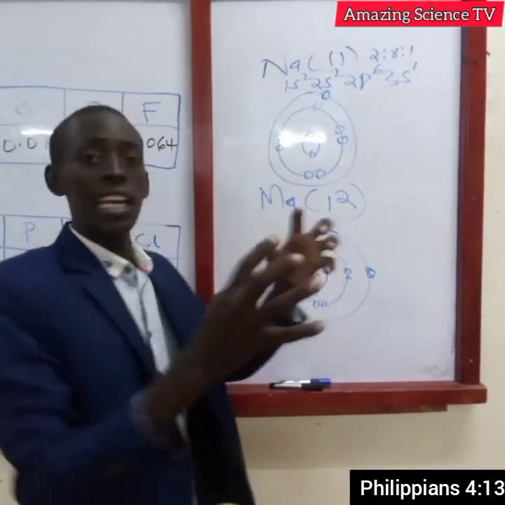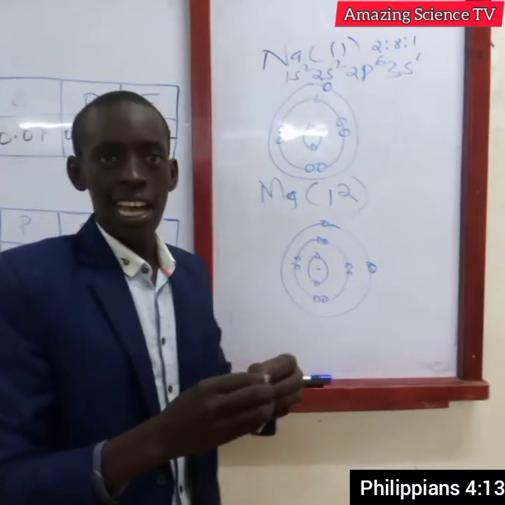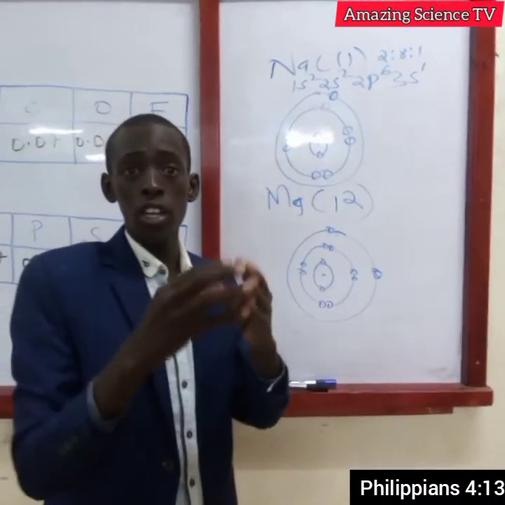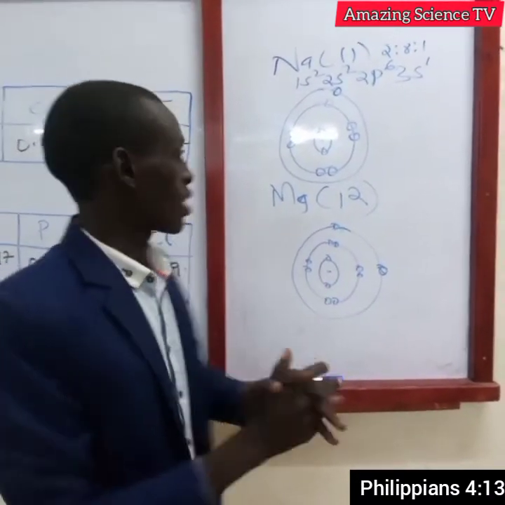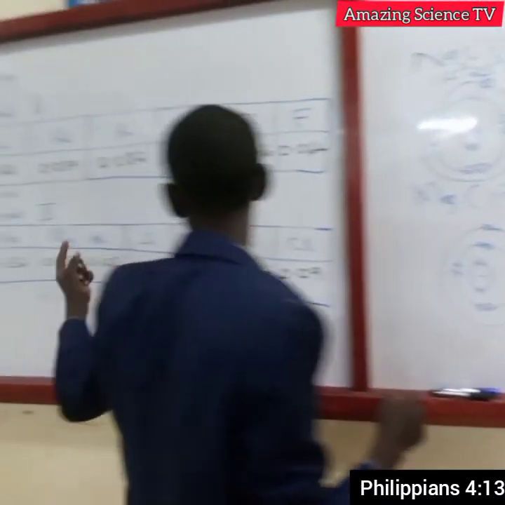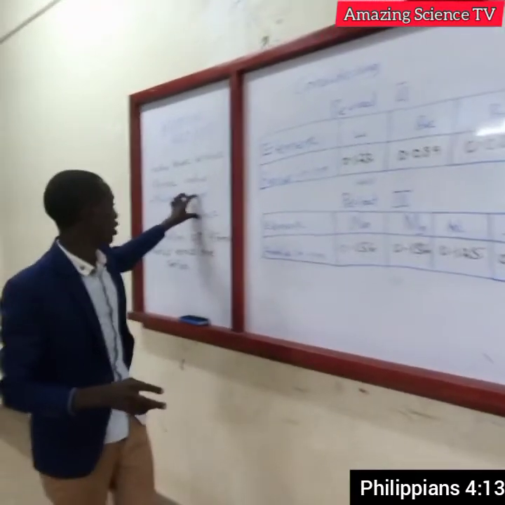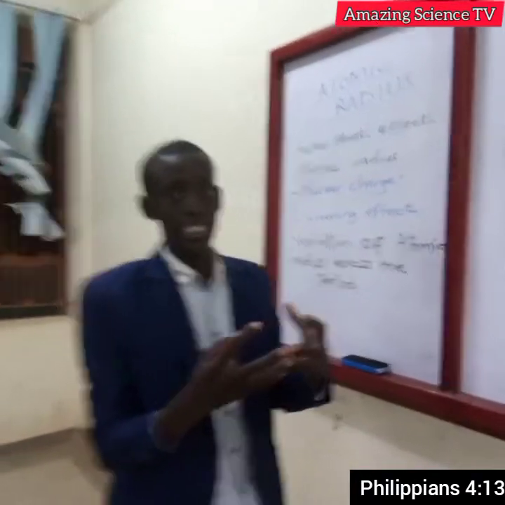And so the electrons will be pulled closer to the nucleus. And in so doing, the size of the atom goes on decreasing and the atomic radius decreases. So that is the simple effect of the two factors, nuclear charge and screening effect, across the period.